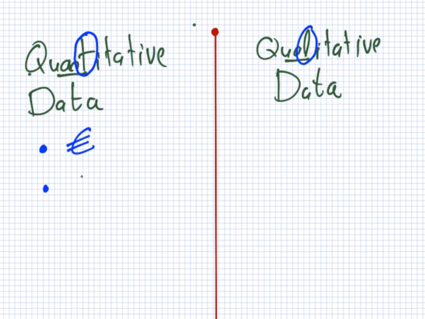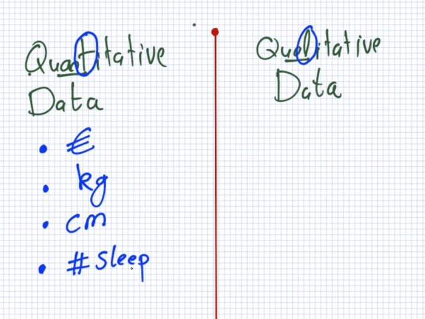That could be your weight in kilograms, your height in centimeters, how many hours you sleep, how many cups of coffee you drink, or how many students have green eyes. This is all quantitative.